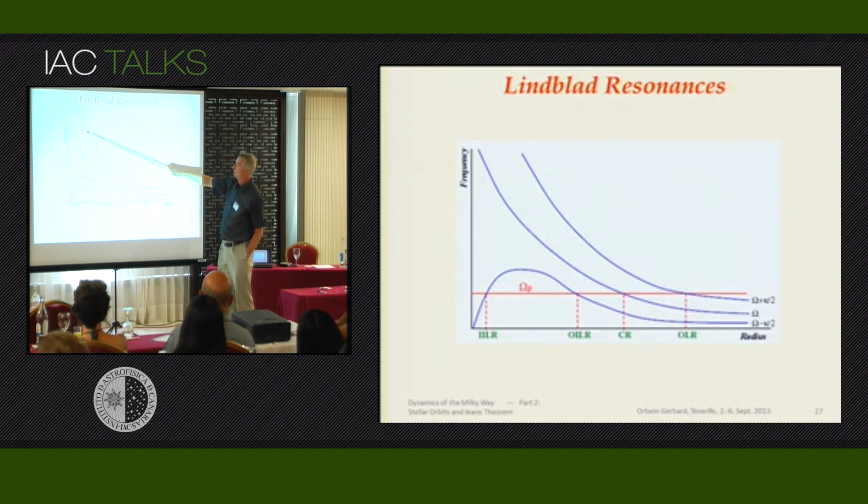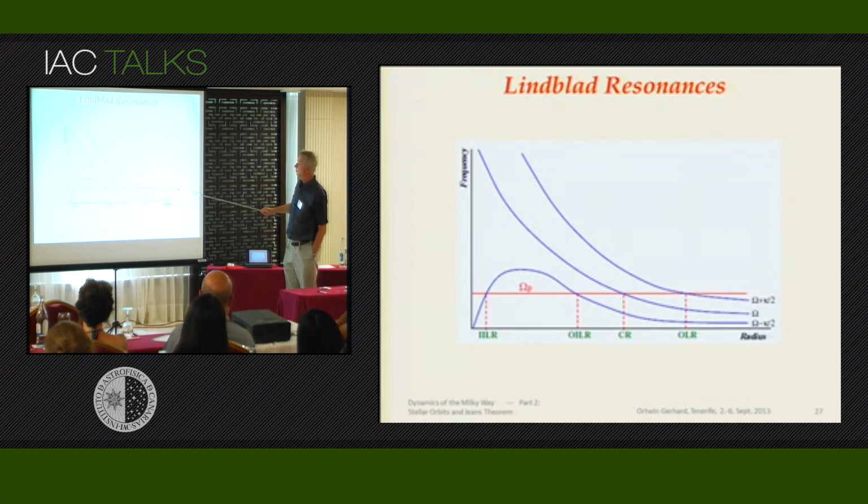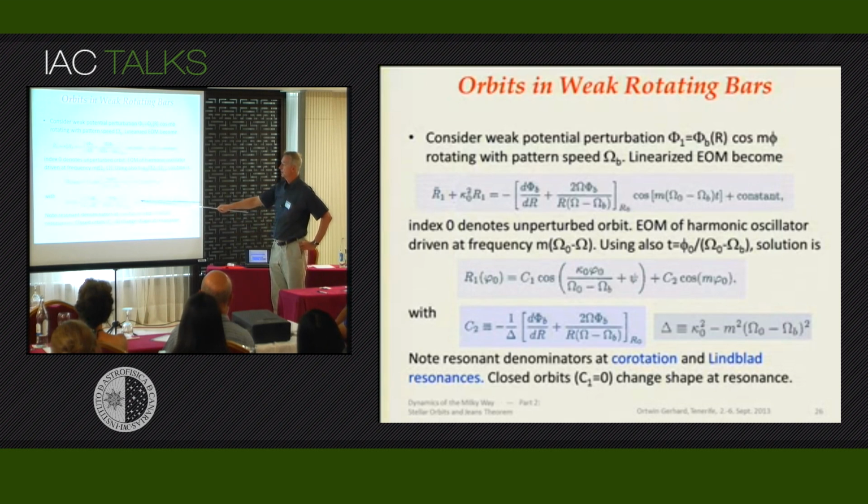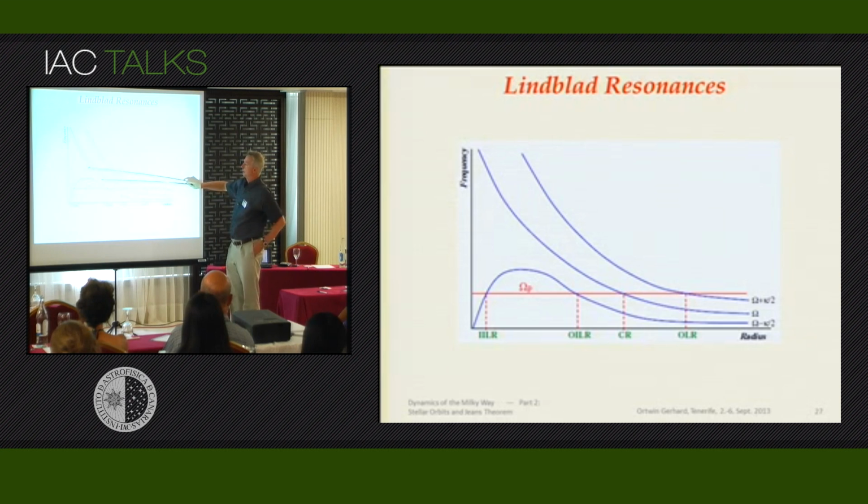And you see this is the curve omega as a function of radius. It's decreasing. Typically, the rotation curve in spiral galaxies is about constant, so omega would be roughly like 1 over r. And here are the two corresponding curves for the Lindblad frequency, omega plus kappa half for an m equals 2 perturbation, and omega minus kappa half. These are for m equals 2, the points where delta would go to 0.